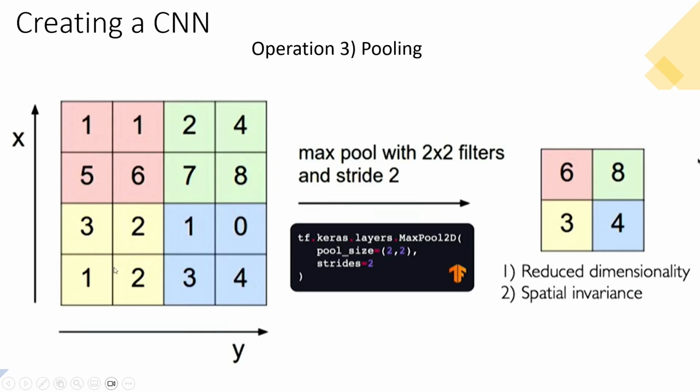And then we move 2 pixels to the right and we come up here, and the maximum value here is basically 4. So we get 4 here. So out of this 4 by 4 matrix, now we have a 2 by 2 matrix. So we refined things here. That's basically the idea behind the pooling.